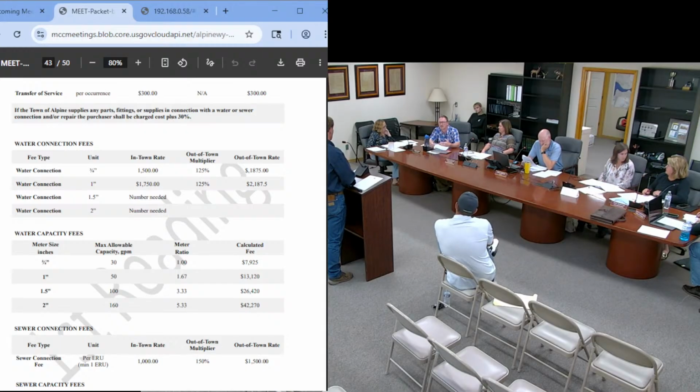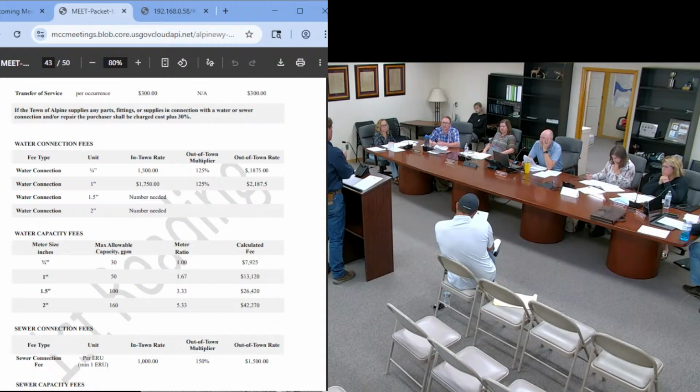We need to cover our costs, but at the same time I'd like to attract more commercial users to this town, and I don't want our fees, if we're way off from Thane or somebody else, to lead someone to say, I'm not putting a live-work MRC unit or a retail space in Alpine because I'm not paying $42,270 to hook up to a 2-inch, which I'm required to do. So I'm curious about the thought process there, for myself and I'm sure everybody else looking at that increase.